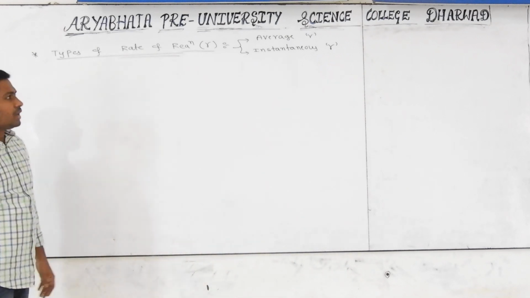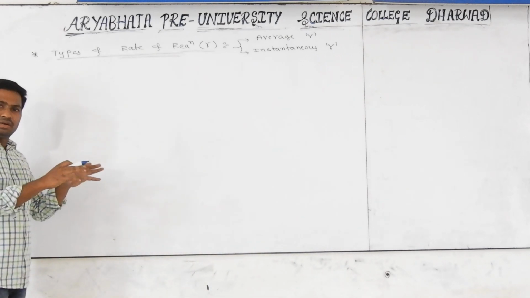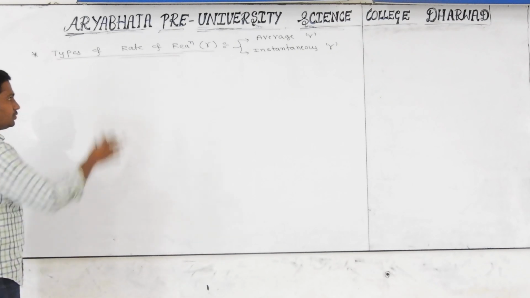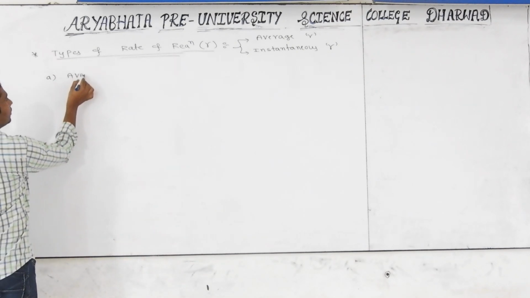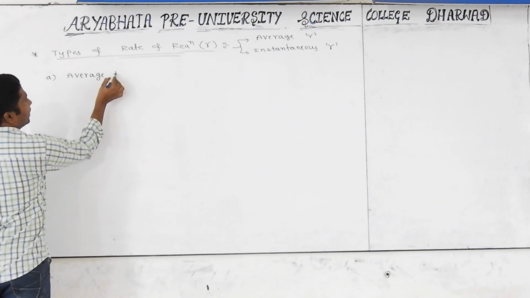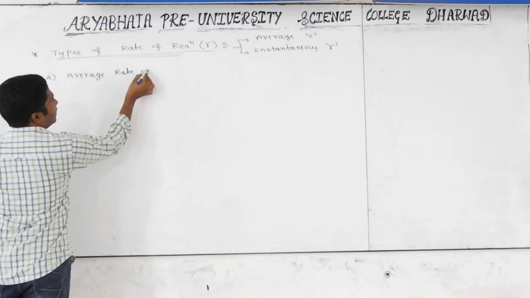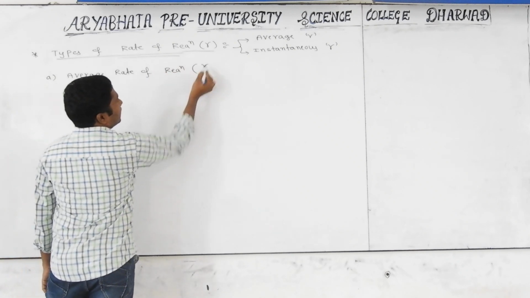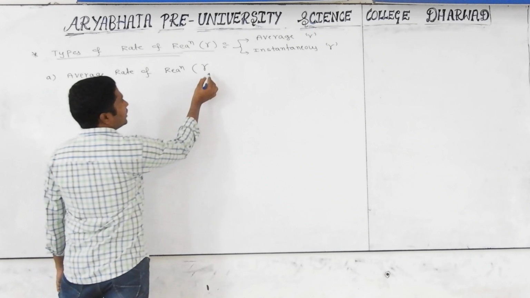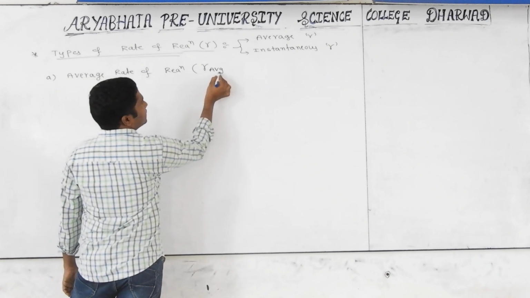What is the meaning of average and instantaneous? I will discuss it briefly. It is a very important concept to understand. First of all, I will explain the average rate of reaction, denoted by R average.